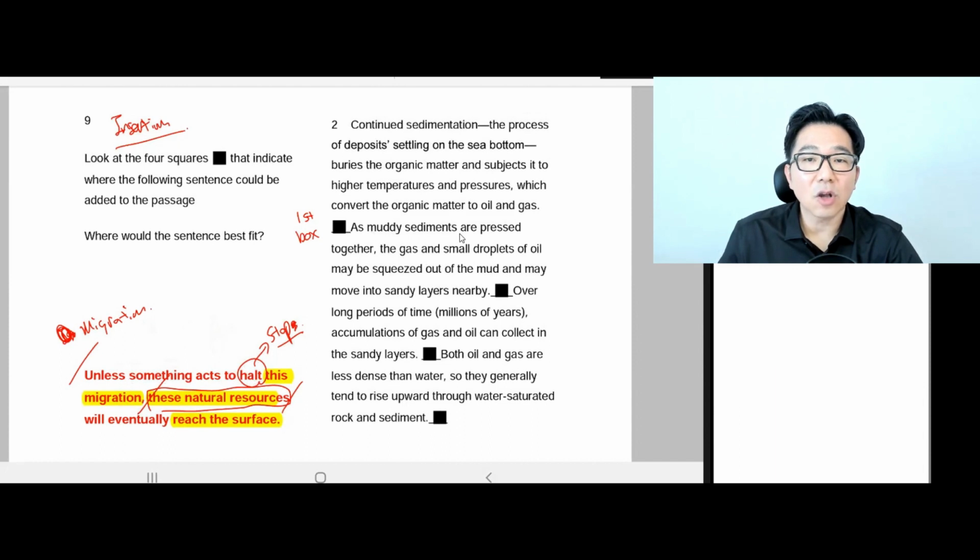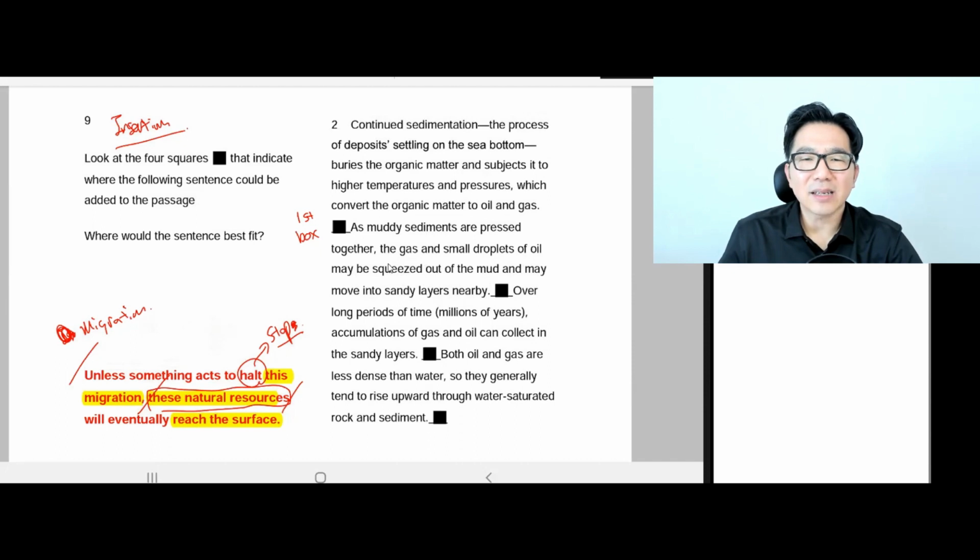"As muddy sediments are pressed together, the gas and small droplets of oil may be squeezed out of the mud and may move into sandy layers nearby." Still, I don't see this. Gas and small droplets of oil are squeezed out of the mud and moving into sandy layers nearby, but you cannot say this is the migration of something.